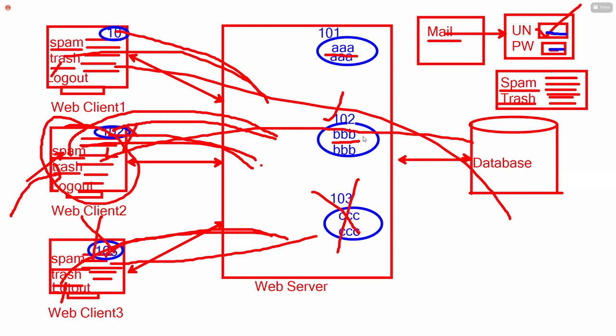This request is by the triple B user. Then the triple B inbox, your mailbox, is displayed there. But actually, you forgot to log out and another person is using it. The server doesn't know whether another person or you are using it. But an already running session is there, no? That number comes, and with that number, it will understand this is a request by the triple B user.